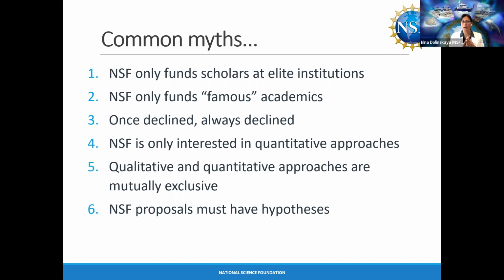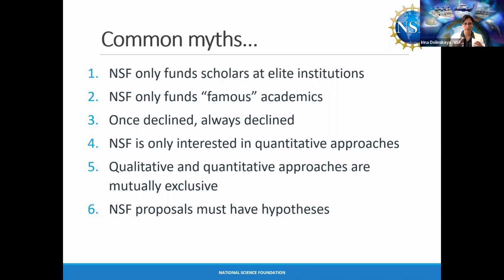And that's where I really would like to encourage you not to be discouraged by declination, okay? If your proposal gets declined, one of the things you can do, and I reiterate it on one of the future slides, is ask to have a conversation with the program director who manages your award and the review process.